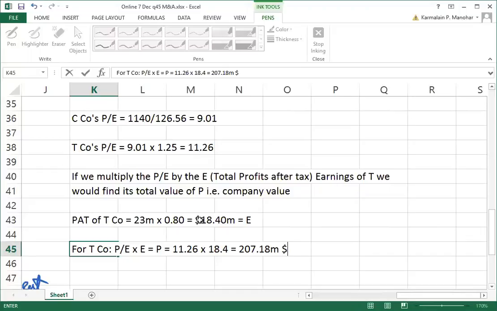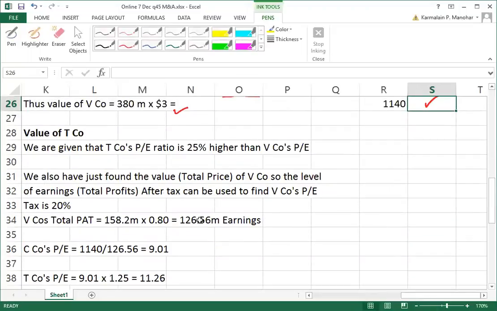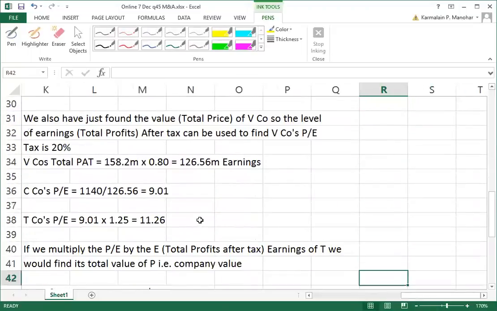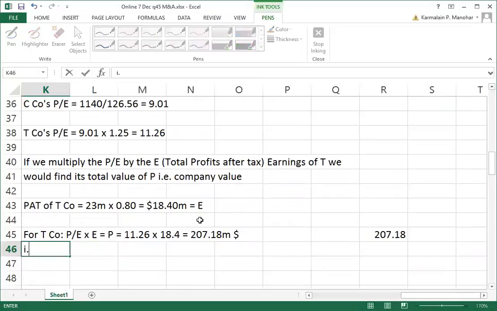So I'll scroll across to this column here, where we had the value of V and now the value of T, 207.18. That is the total value of TICO before the acquisition.